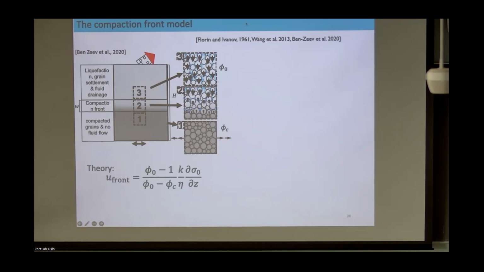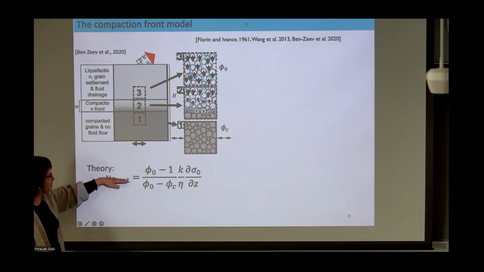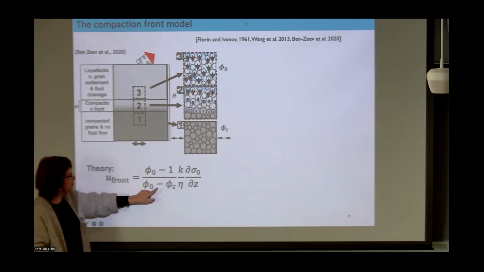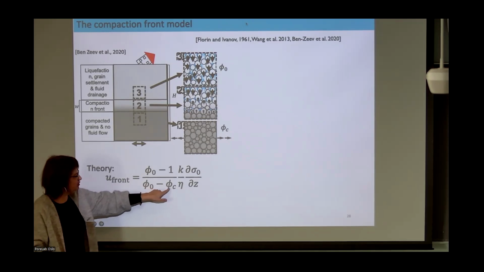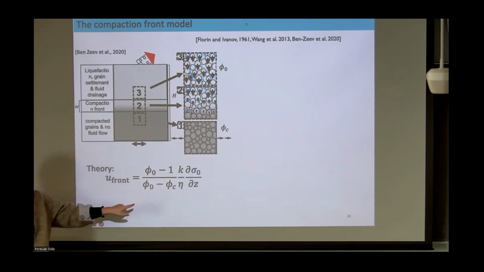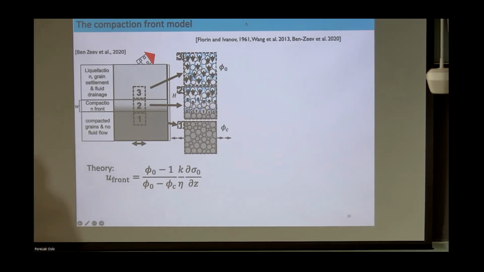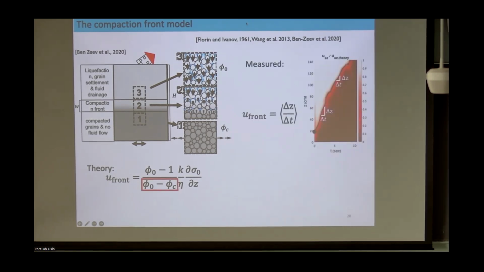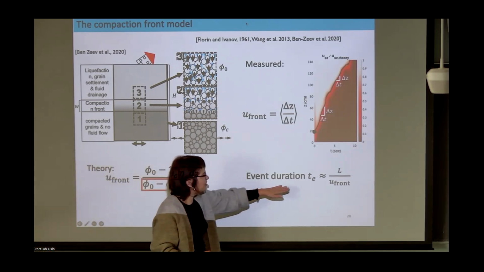And theoretically, we calculated what the front velocity would be, and it depends on the difference between phi 0 and the final porosity phi c, the pressure gradient, the permeability and the viscosity. The event duration, so if we're thinking about how long liquefaction will occur, will depend on the front velocity.